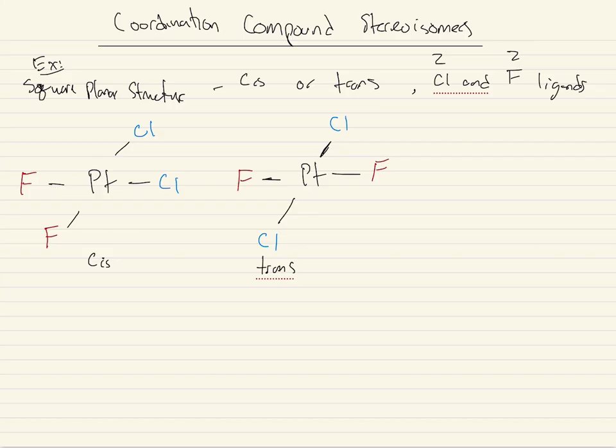And so for square planar or tetrahedral geometries, tetrahedral is a little bit different. We won't really talk about tetrahedral isomers. But for square planar, this is how we determine cis or trans structures. If we have octahedral structures, they don't say cis or trans for those. It's FAC and MER.